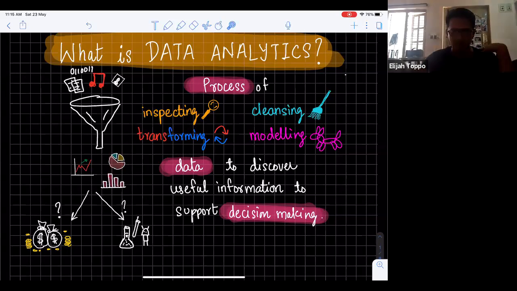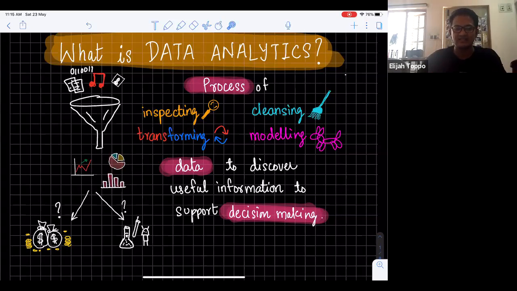Analytics is all about taking this data and discovering useful information from it that can help us take decisions. Decisions such as where my company should invest next, what my sales will be next month, or what is going to happen in the future. If we have a fair idea of what happened in the past based on the data we have, and we can predict what will happen in the future, then that gives us an edge over other companies.